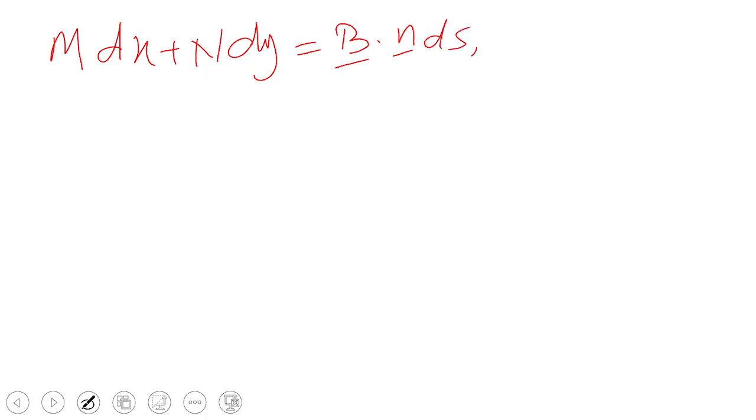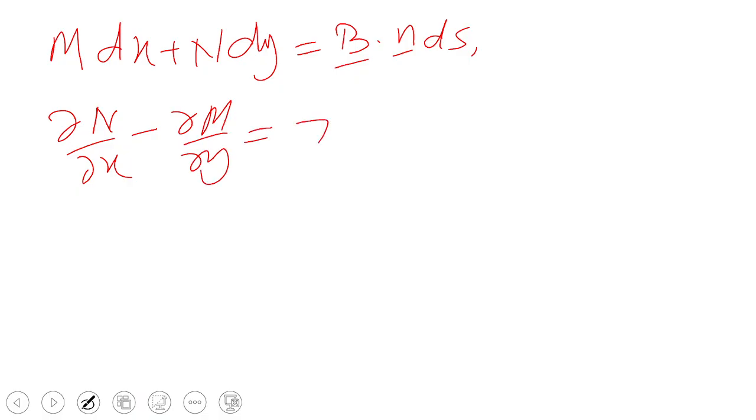Also, we have partial N partial x minus partial M partial y. This is the divergence of B.